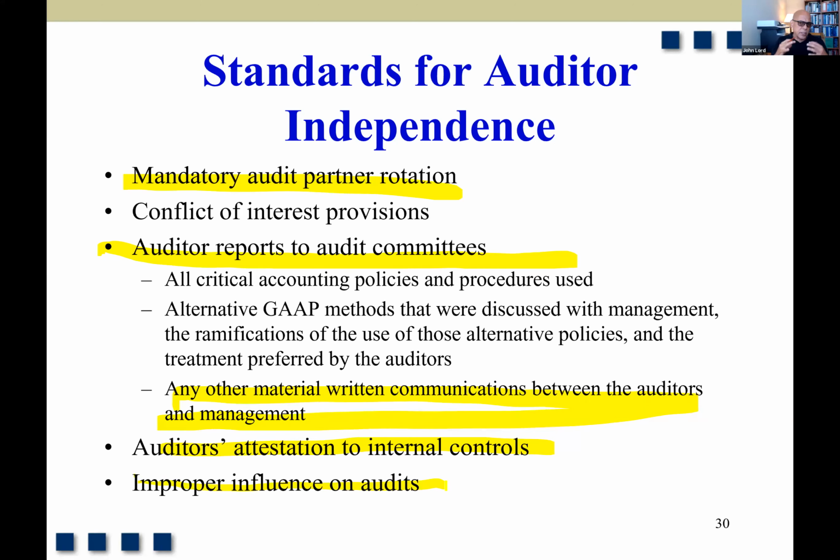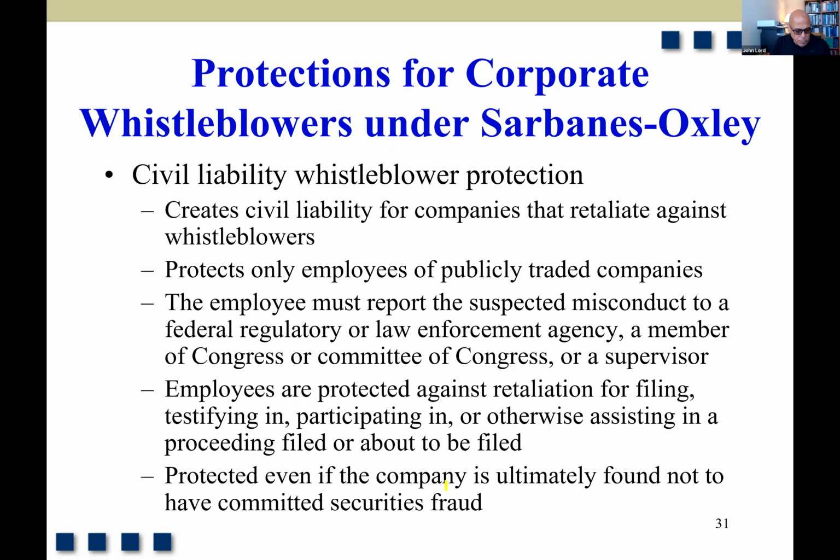Again, trying to strengthen the corporate governance structure was a major thrust behind Sarbanes after some of those scandals that I've already mentioned. Whistleblowers, protection for whistleblowers, okay? And so if someone is trying to call out and say that there's some sort of problem with the company, and the company tries to suppress that and punish them, it opened up the opportunity for the whistleblowers to civilly sue the company.